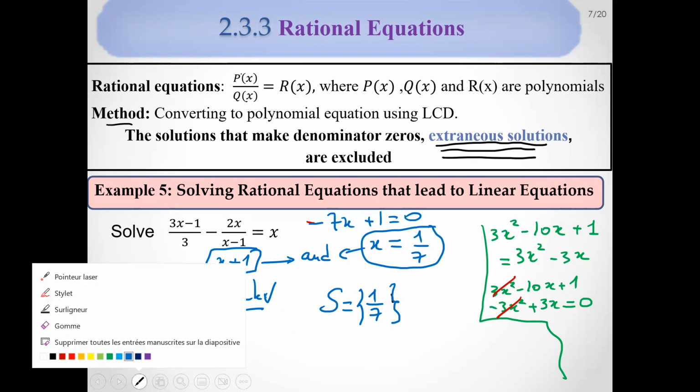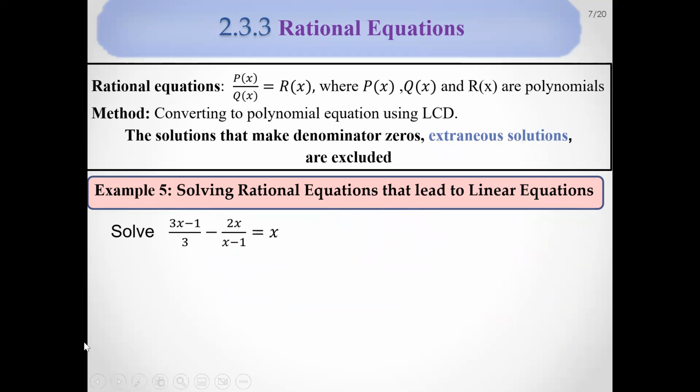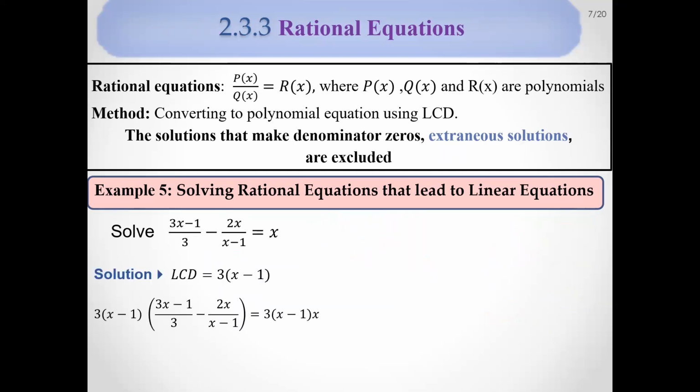I repeat step by step. So first step, combine into a single fraction by multiplying by the LCD. Okay, so here multiplying by the LCD, for the first 3 goes with 3 and I am left with x minus 1 times 3x minus 1.